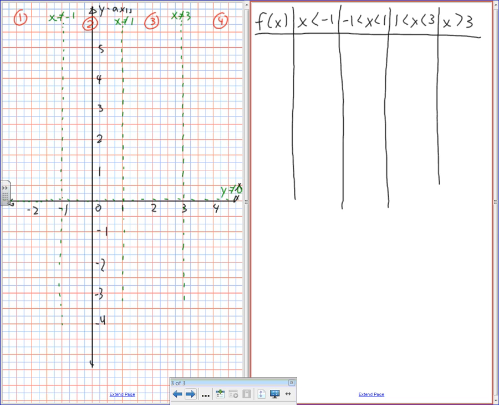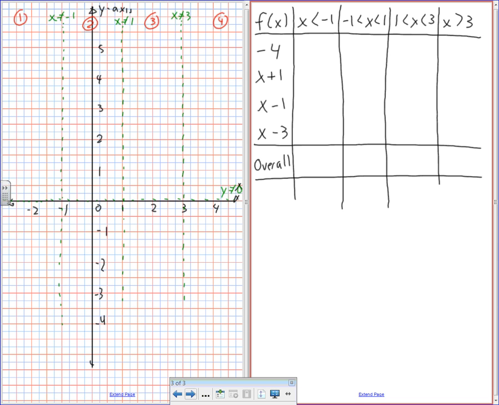Okay. What do I write under the f of x column on the left? Yeah, Bailey, go ahead. x minus 3, you said? And overall, I'm going to write down test points.